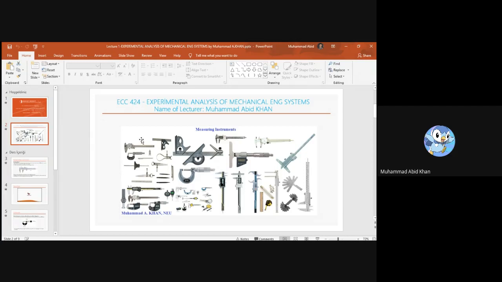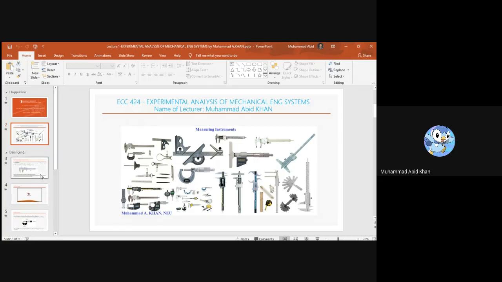In the coming lecture I will explain more using the same material. This picture shows which kinds of measuring instruments are used in mechanical engineering.